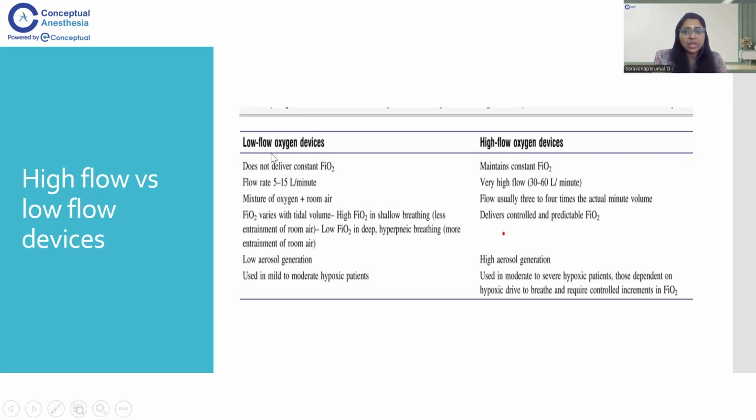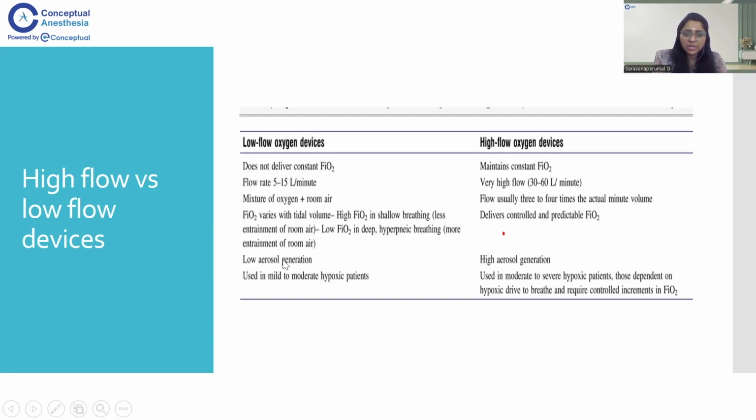And this actually delivers a mixture of oxygen and air. Usually the FiO2 will vary with tidal volume. Suppose the patient is breathing with a lesser minute ventilation, then the FiO2 will tend to be higher. Suppose the patient is having more minute ventilation, then your FiO2 will be lesser. So this HFNC or your Venturi will provide predictable supplies of FiO2.